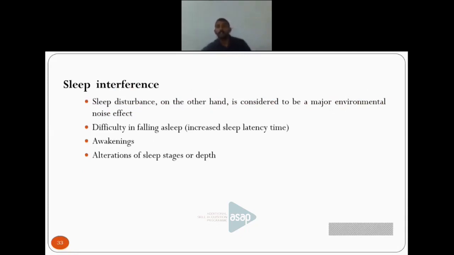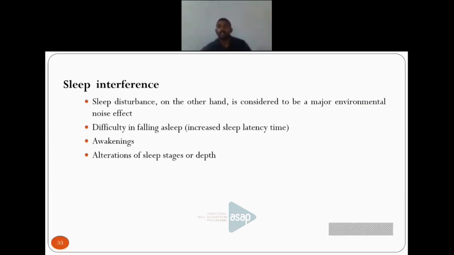Studies show difficulty in falling asleep with noise exposure from a nearby rail track. If the house is near the railway track, people's falling asleep gets delayed. That means they cannot go to sleep on time.